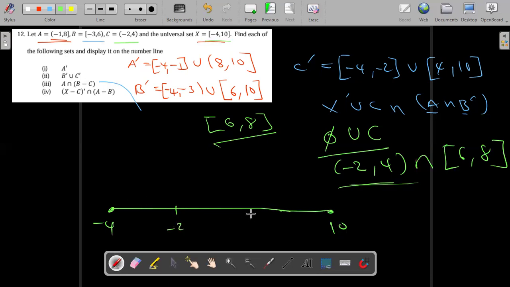If I say that's 2, that's 4 here, that's 6, that's 8, I'll have that from -2 to 4. So -2 here, 4. Okay, so it's open on both sides. So I leave it open.